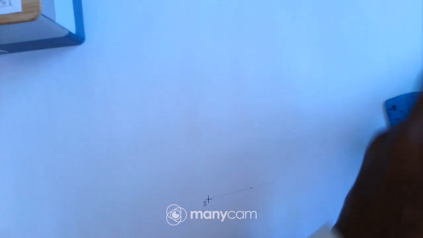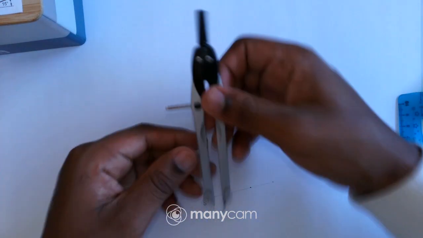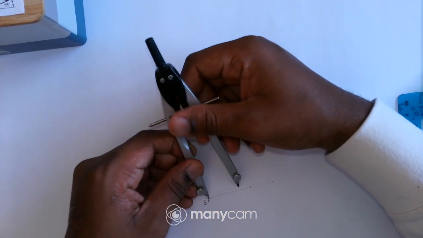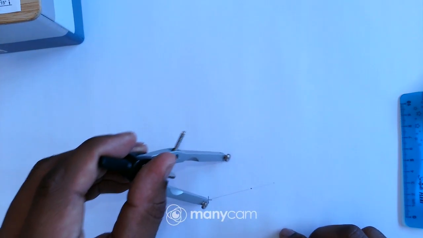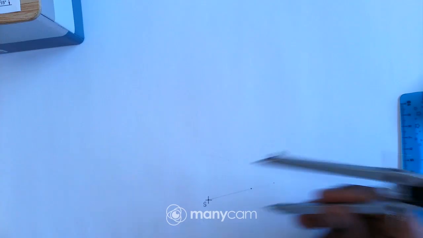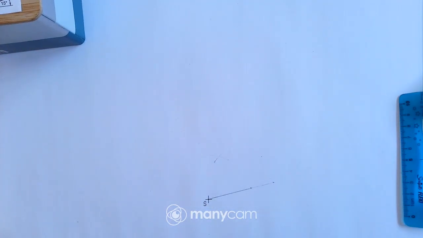Now I'm constructing the triangle, so all the sides are equal, 40. I'll put my compass there, draw an arc somewhere there, put my compass on the other point as well, and draw an arc there. Where the two arcs intersect is a point.